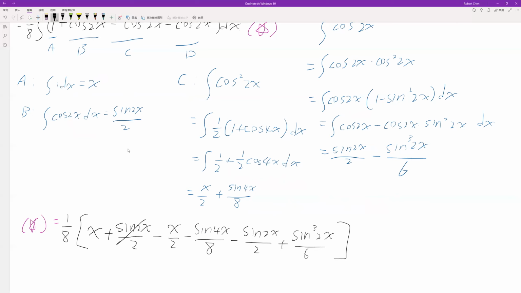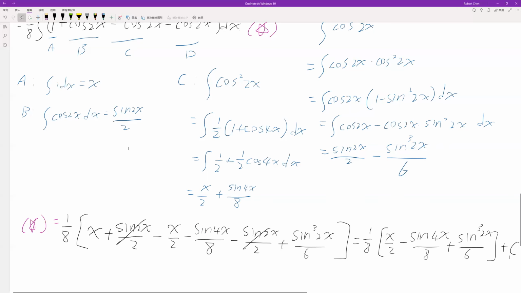And then now we can cross off some of the stuff. All right, so we have 1/8 of x minus x/2, that's x over 2, minus sine 4x over 8 and plus sine cubed 2x over 6 plus C. Okay, so really long question, right?